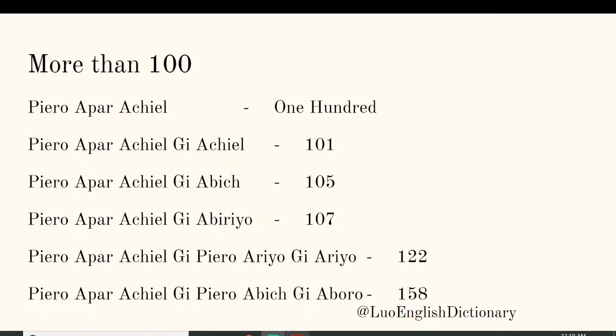Piero apar achiel gi piero abich, that is 5, gi aboro, that is 8. And that's how you learn counting from 1 through 100 and beyond.